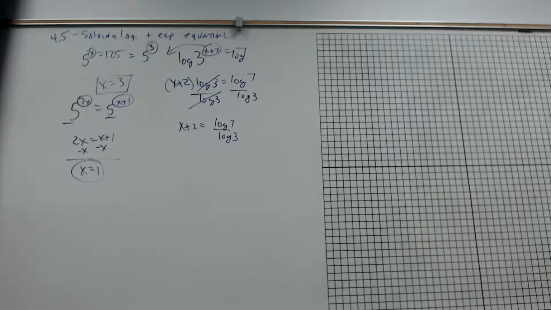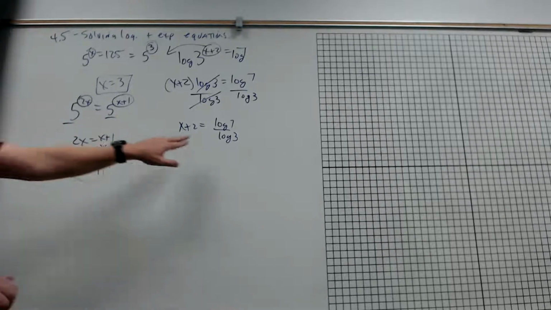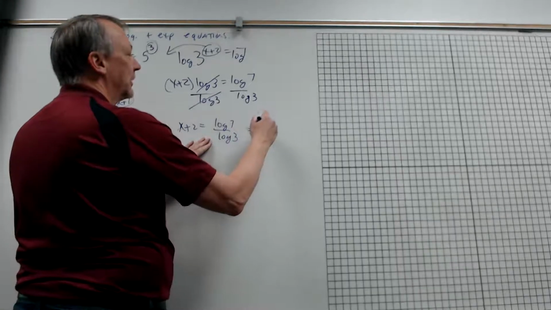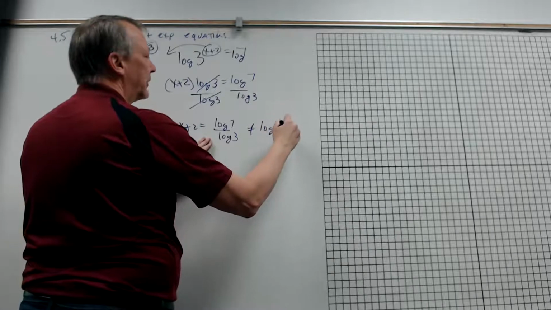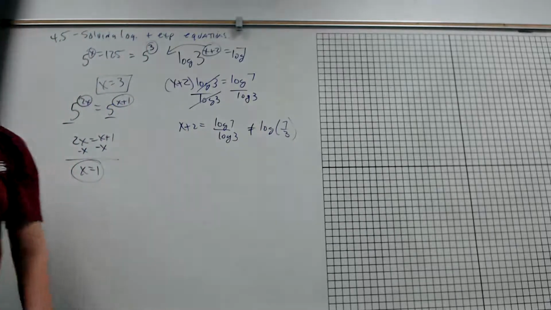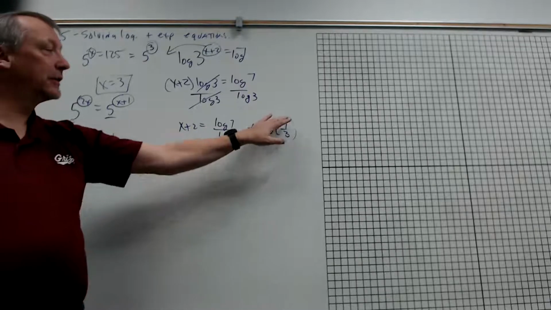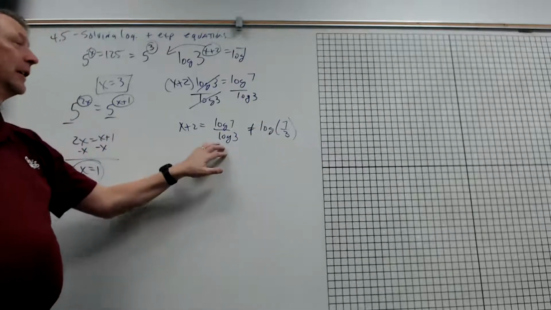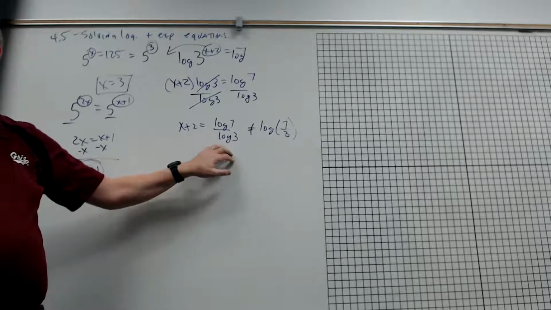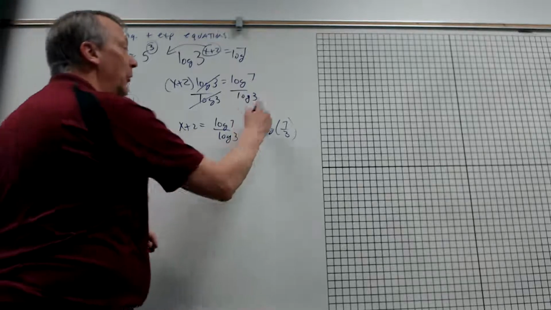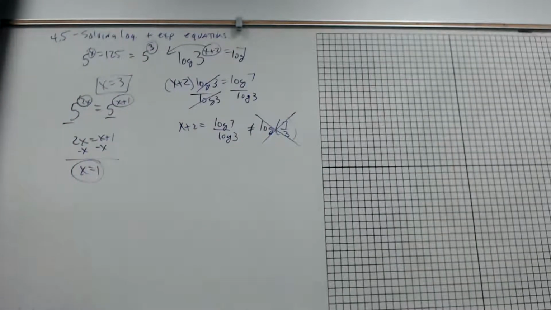No. This is not the same. This does not equal log of 7 over 3. It's not the same thing. In this case, I could do log 7 minus log 3, but I just have to leave it. Okay, that's another common mistake. So don't do that.